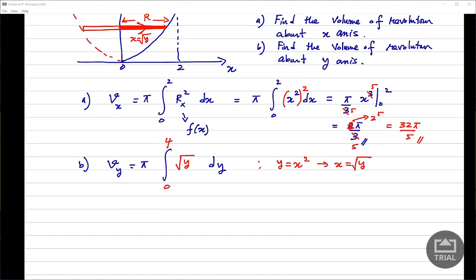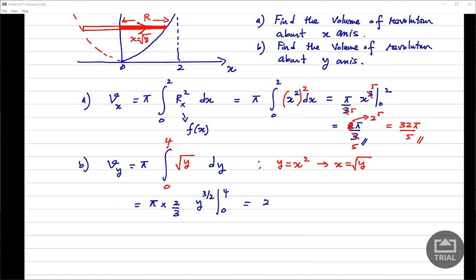Then what you get is y times 2 divided by 3, y to the 3 divided by 2, 0 to 4, a base case number 1 integration.